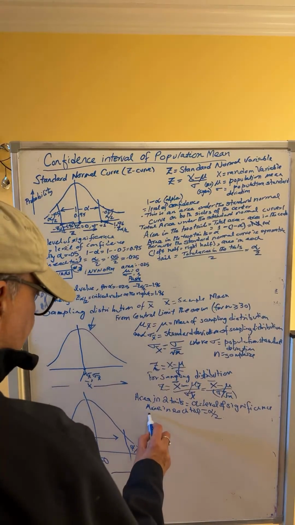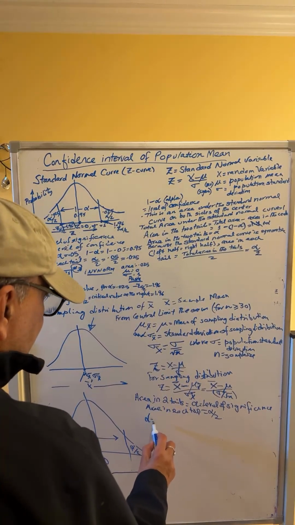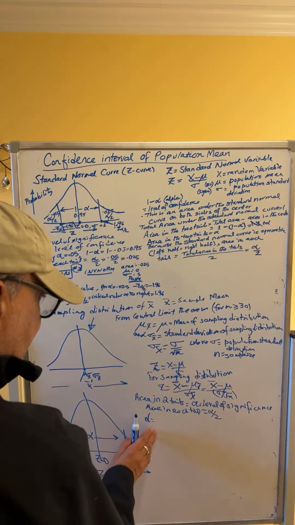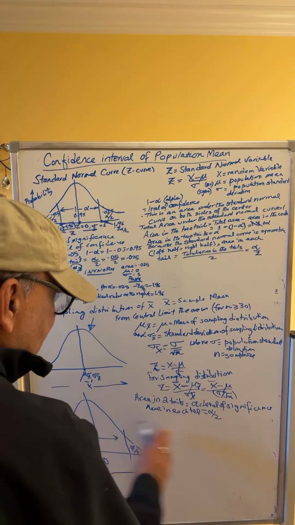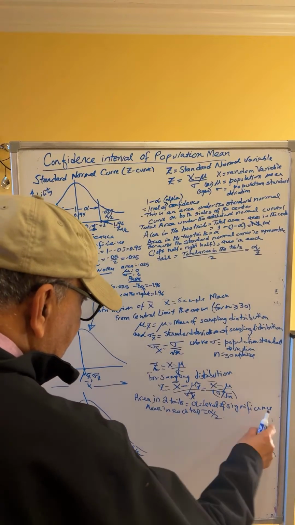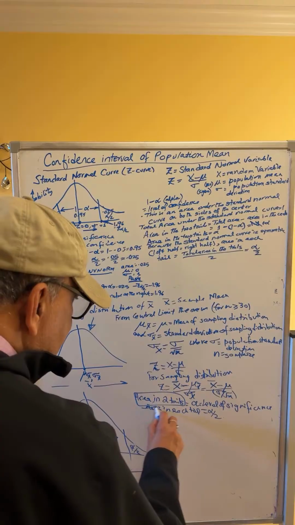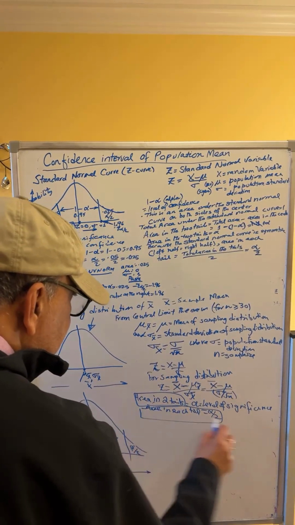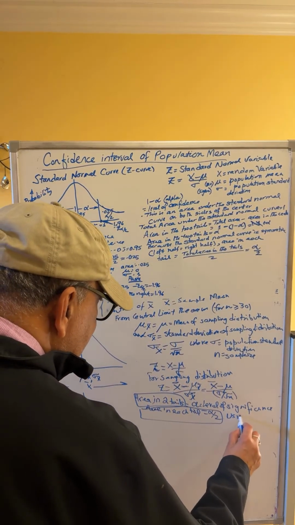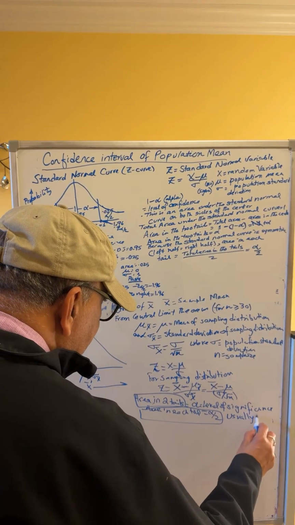So alpha is the level of significance, the area in two tails is alpha, and the area in each tail is alpha by 2. Usually alpha is 0.05.